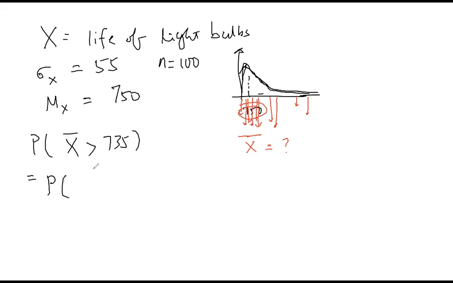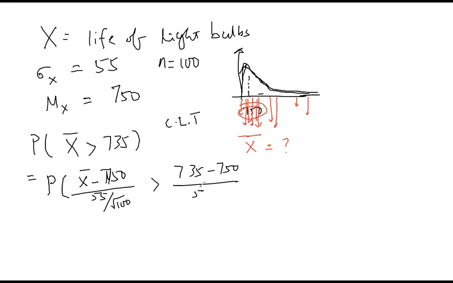Again, by application of the CLT, you subtract the mean, which is 750, and divide by the standard deviation over square root of n. So you do the same on the right-hand side: 55 over square root of 100. So this part is your z, and this obviously is a negative quantity.